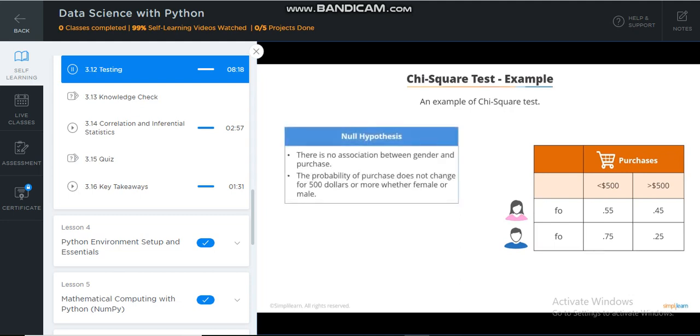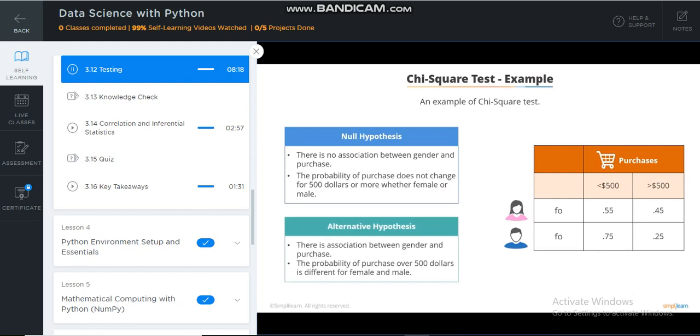Null hypothesis: there is no association between gender and purchase. The probability of purchase does not change for $500 or more, whether female or male. Alternative hypothesis: there is association between gender and purchase. The probability of purchase over $500 is different for female and male.